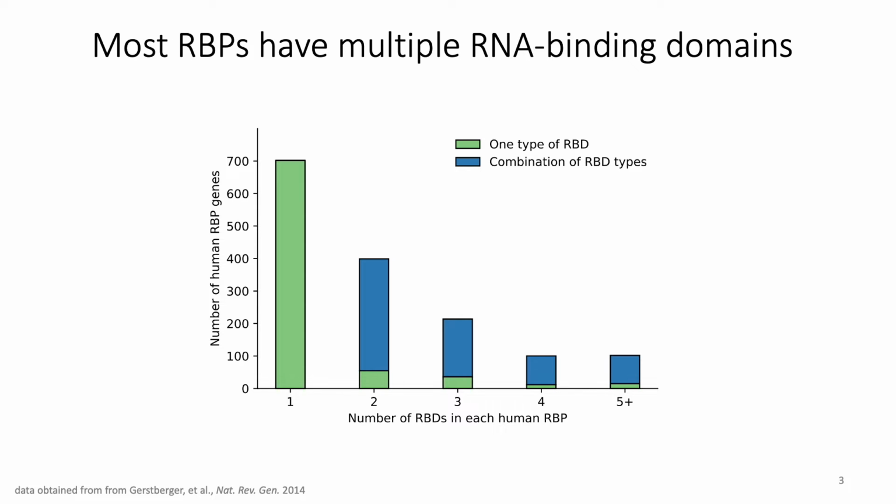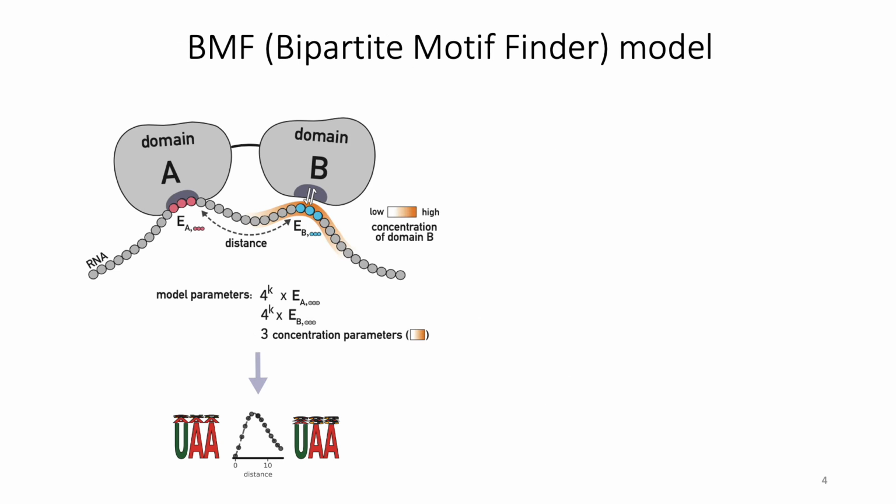So each domain can recognize one sequence, and these sequences can be spaced out within the RNA lengths. So this motivated us to design a tool specifically for that, which we called, as I said, a bipartite motif finder.